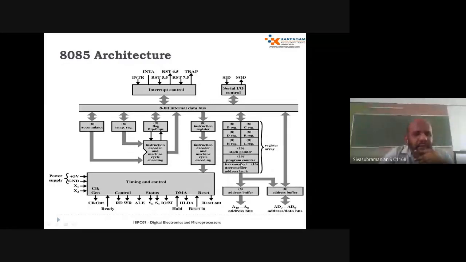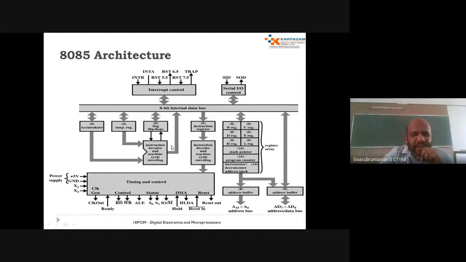And the result of these operations will be placed in the accumulator only. If needed, it can also be placed in the memory through the data bus, the internal bus configuration, right? So that is with respect to your ALU.